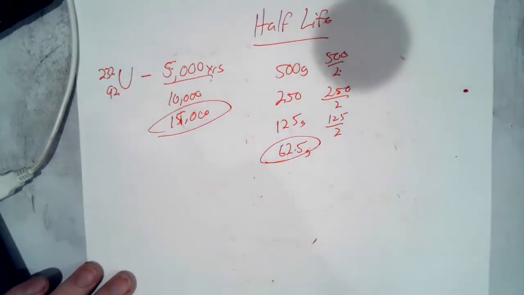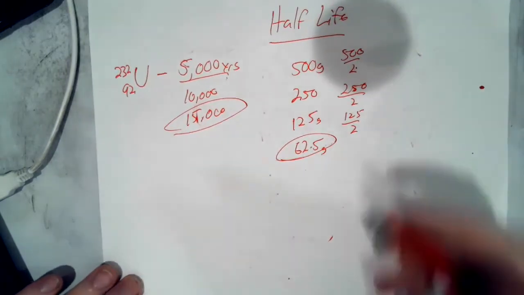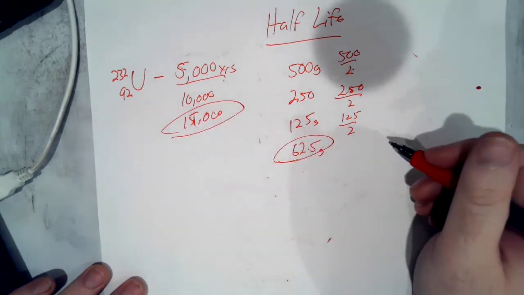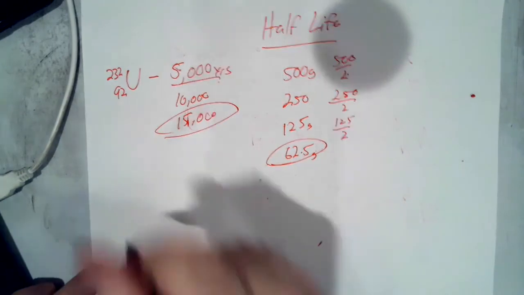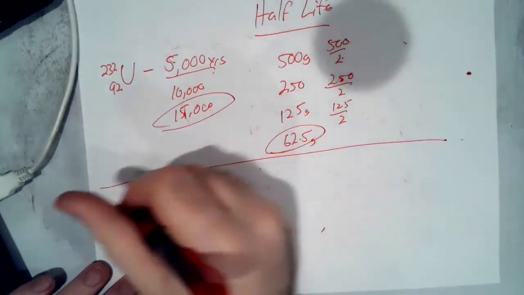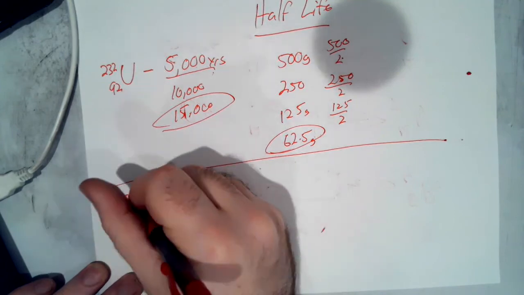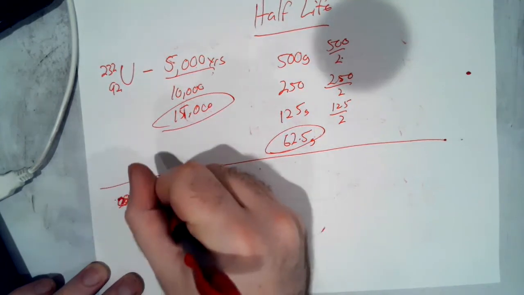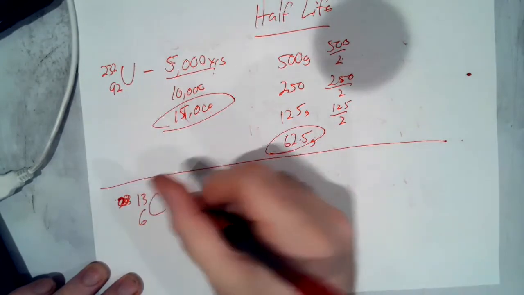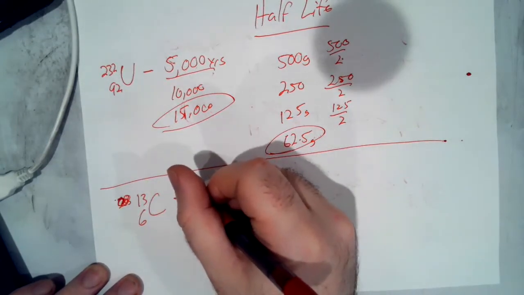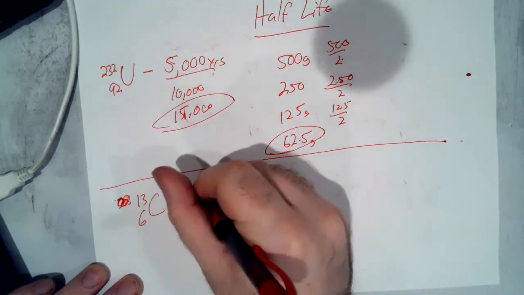So here are some example problems to figure out. We've kind of already done the math, so I'm going to start with a different gram amount. Actually, I'll use carbon-13. I forget how many years, but we'll just say it takes 10 days.